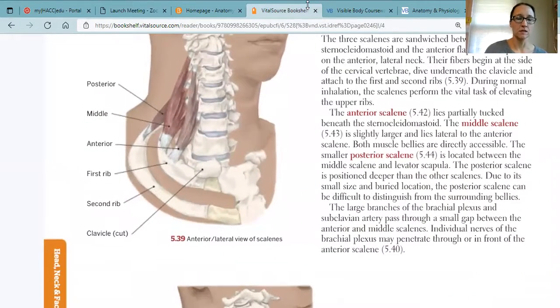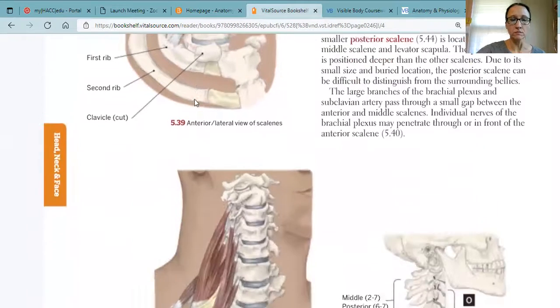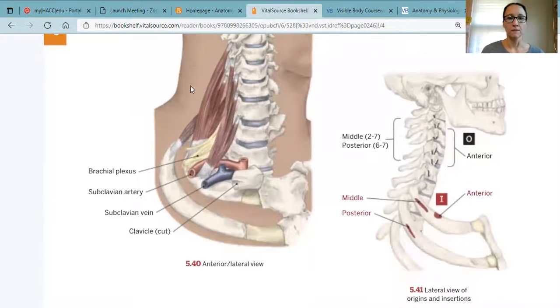So the scalenes, anterior, middle, and posterior scalene, attach to the first and second rib and the cervical vertebrae. In between anterior and middle scalene is the brachial plexus and the subclavian artery.